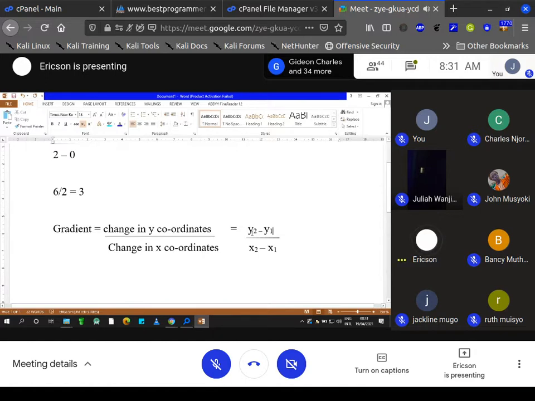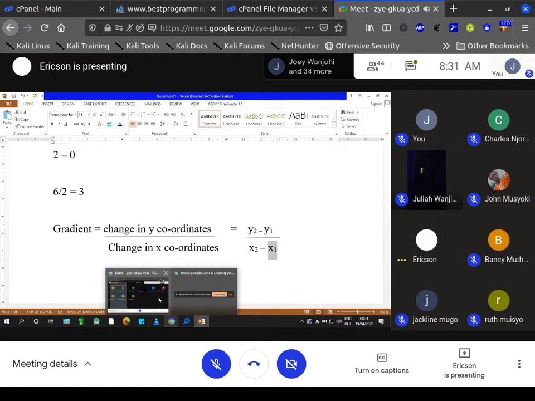It's just the x and y values of point 2, and again the x and y values of point 1. That is what we will be using to calculate the gradient.